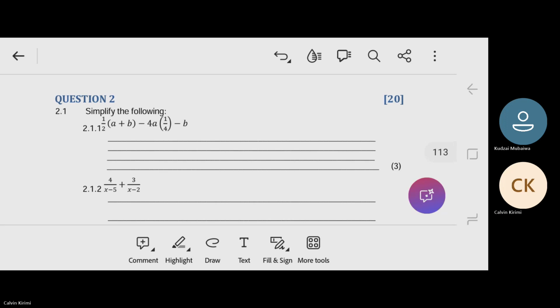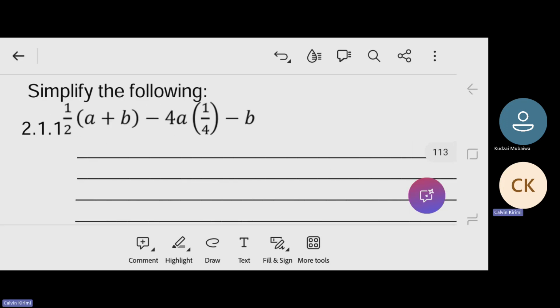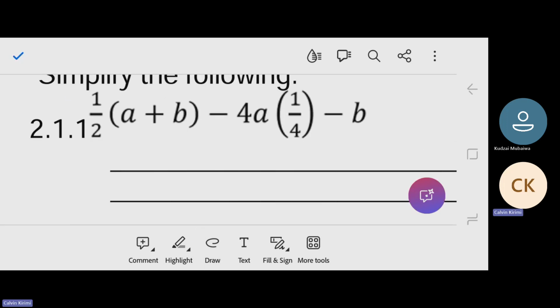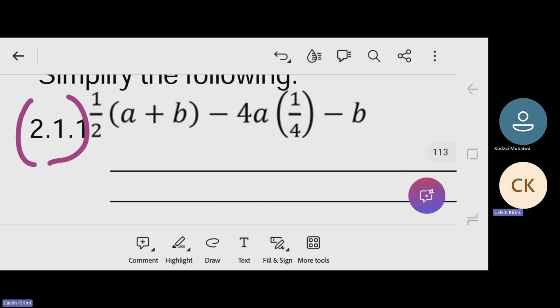Simplify. That one is a half, not 1.5, it's a half. So simplify that. What do you get?